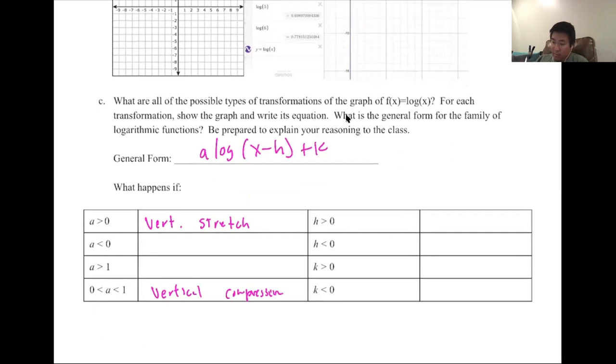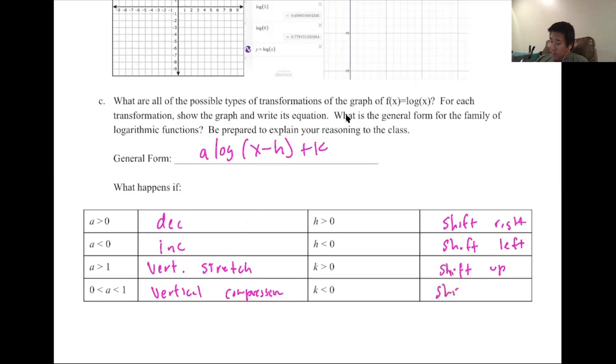If a is greater than 0, it's increasing, and this is decreasing. If h is 0, this is where it's backwards. So this is shift right, shift left. This is shift up, shift down.